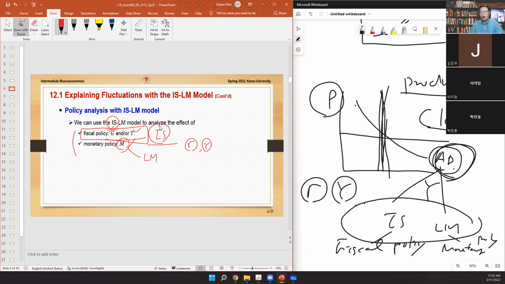Then since they are all in the same plane, a change in the IS curve means a change in the common factors, real interest rate and output. Similarly, if we change the money supply, we'll have a change in the real interest rate and output together.